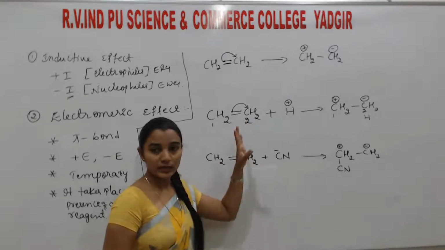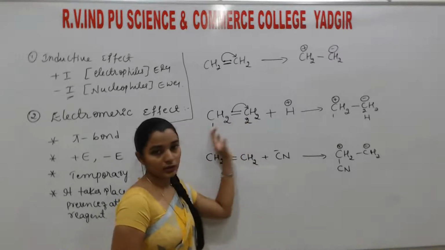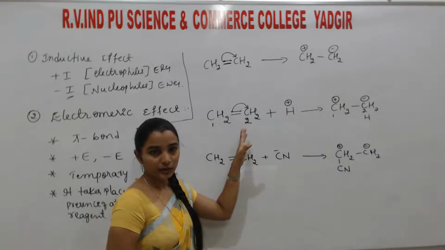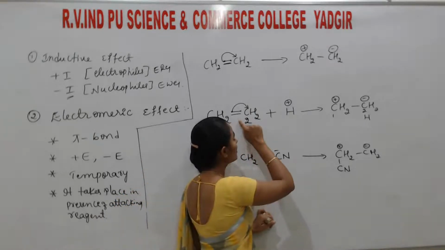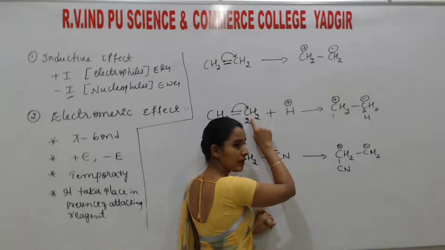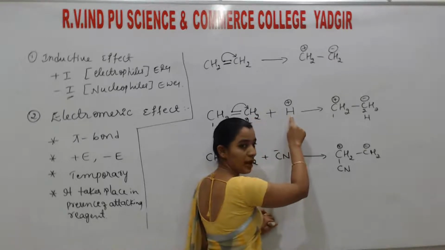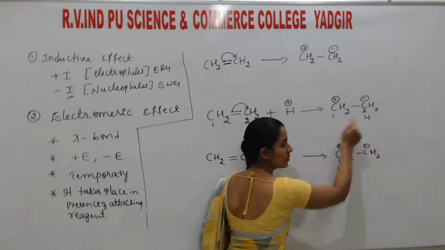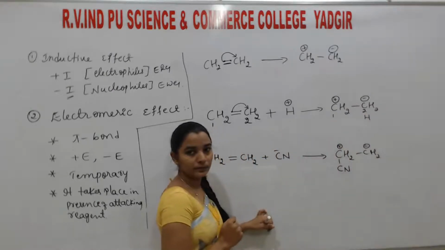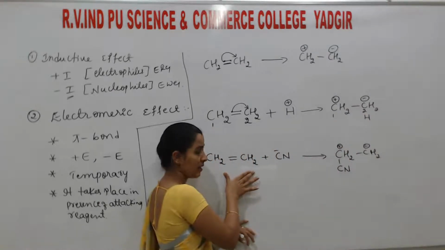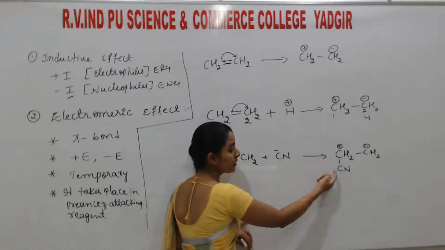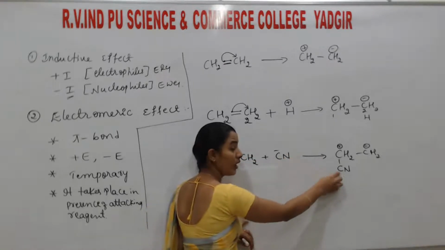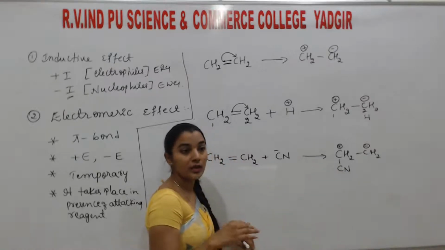For your convenience, I numbered the carbon atoms 1 and 2 like that. In this case, the electrons are transferred to the same carbon to which the attacking reagent attaches. In the other case, the electrons are transferred to one carbon atom and the nucleophile attaches to the other carbon atom, from which the electron is removed.